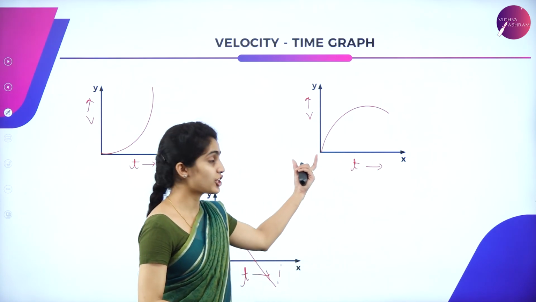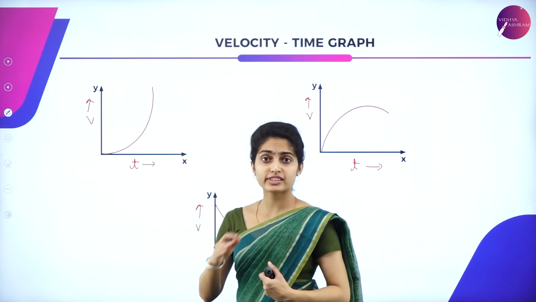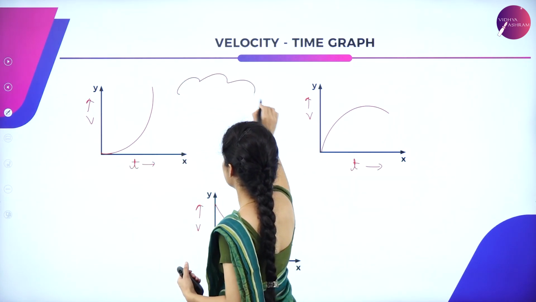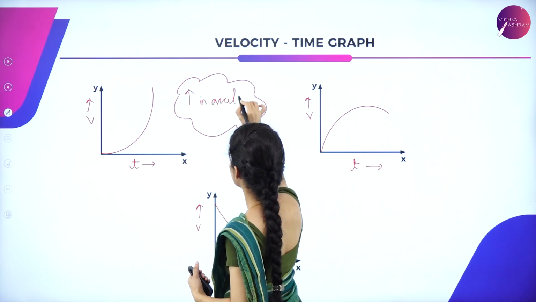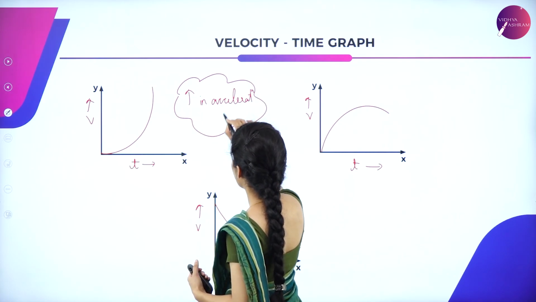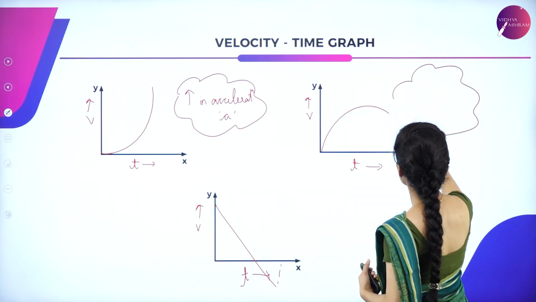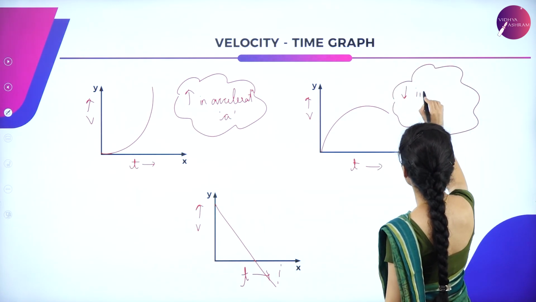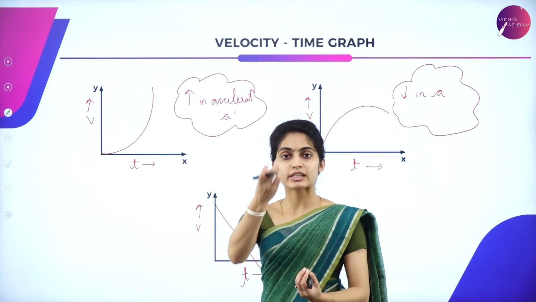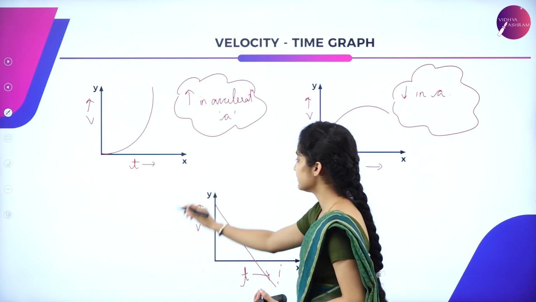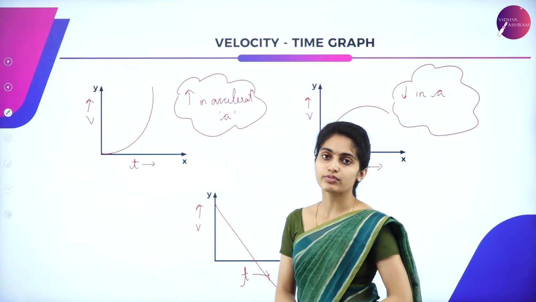And in this case, the change in velocity is decreasing. So when the change in velocity is increasing, you can tell that there is an increase in acceleration. Acceleration is given as a. And here you can say that it is having a decrease in acceleration. The body is thrown upwards, it moves under the influence of gravity, and this graph represents the body thrown upwards and moving under the influence of gravity.